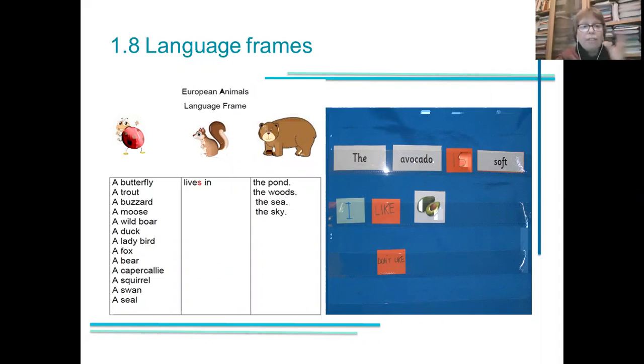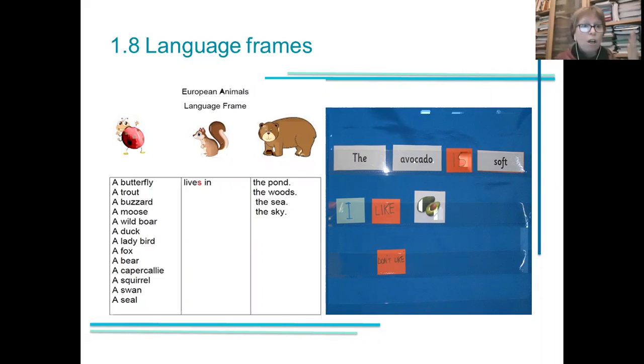So if the child says a butterfly lives in the pond, I can adapt that either he doesn't know the language or he hasn't learned the content. So the language frame is very important because it provides support for the language. And the student has to choose the appropriate content.